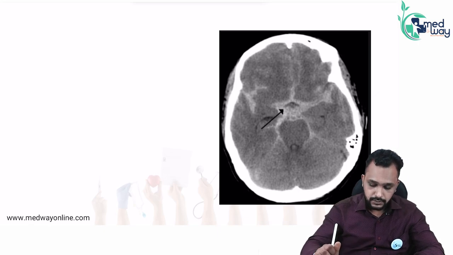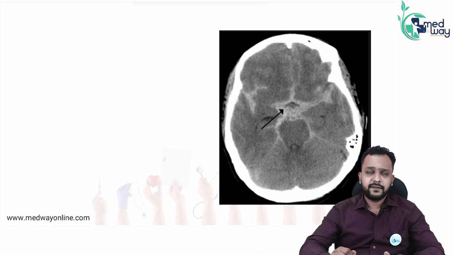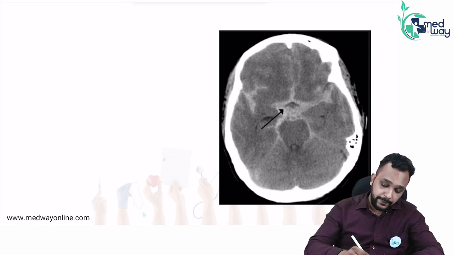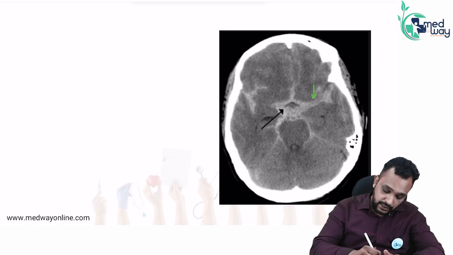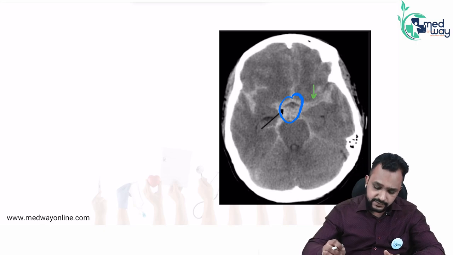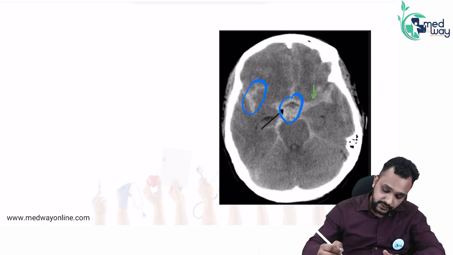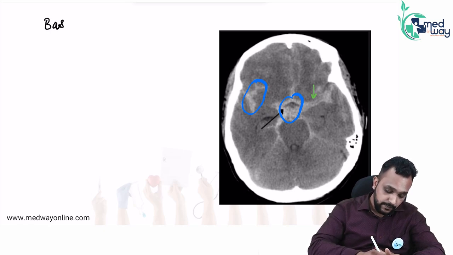Now talking about this case, here we can see that the hyperdensities can be seen along the Sylvian fissure, along the suprasellar cisterns. So basically hyperdensities are seen along the basal cisterns.